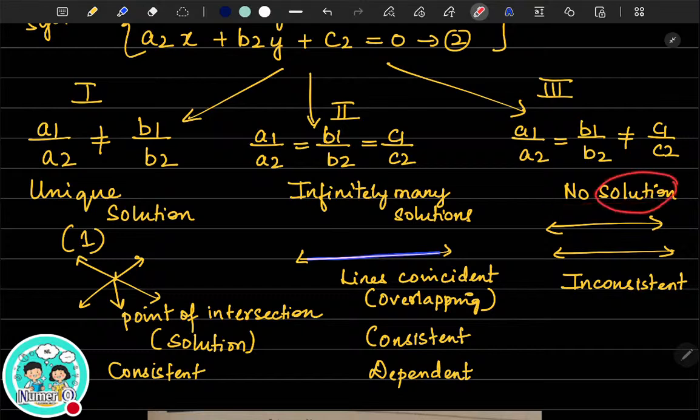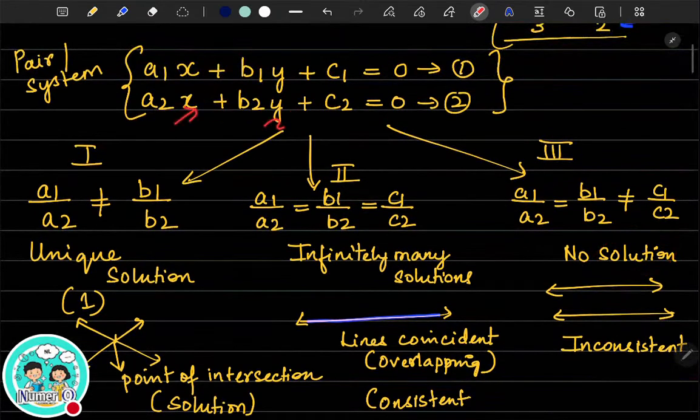What do you mean by solution? It means there cannot be a value of x and y which is satisfying both the equations. Graphically, when you plot, it is going to be parallel lines and the system is going to be inconsistent. So this is the information that you need to know before we get started with the questions.